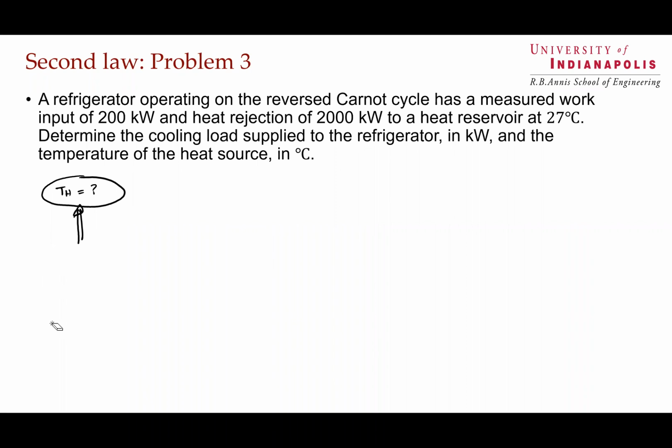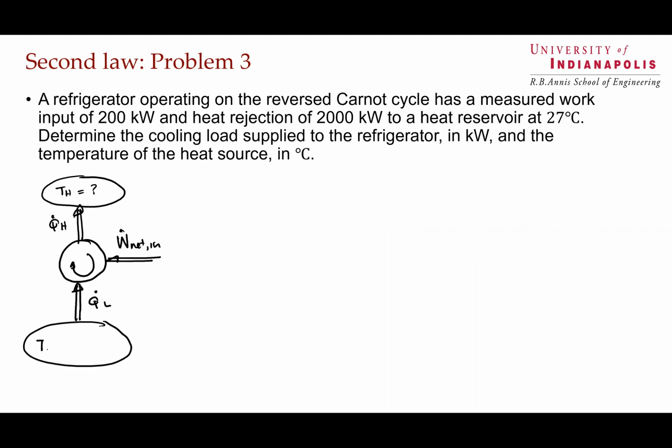The cycle operates on a work input W dot net in, and you have Q dot L, that's the lower thermal reservoir, and this is Q dot H, and this is TL equal 27 degrees Celsius, that is 300 Kelvin, right? 300 Kelvin.